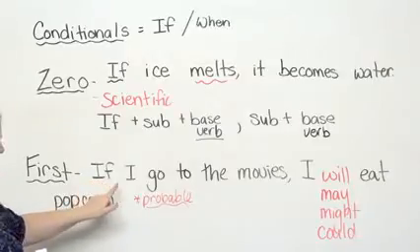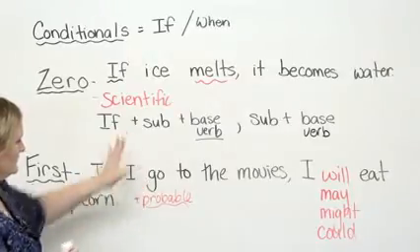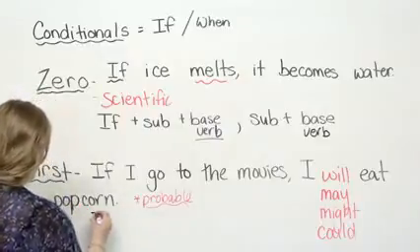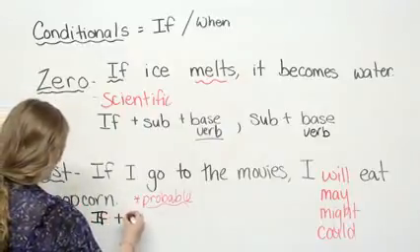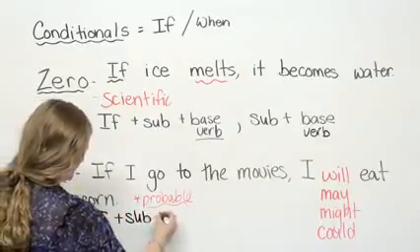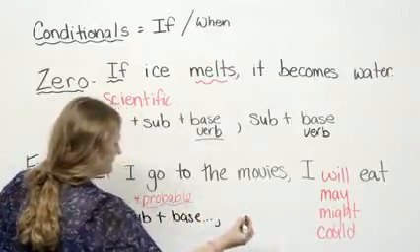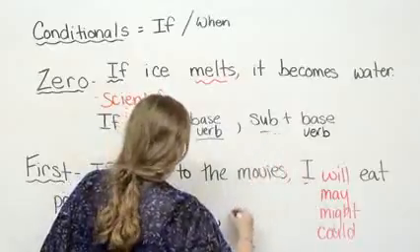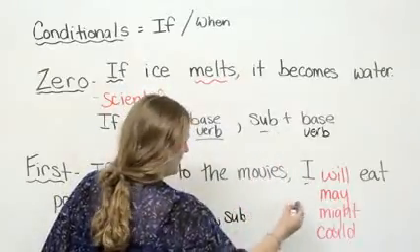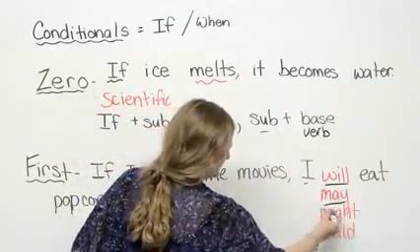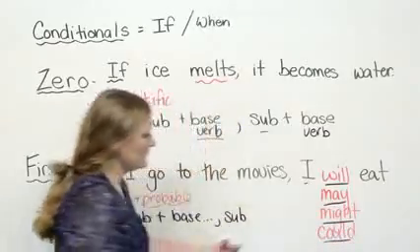We have if plus subject plus base. So this is going to be the same. If plus subject plus base. Then again we have subject. What are these guys doing here? Oh no!